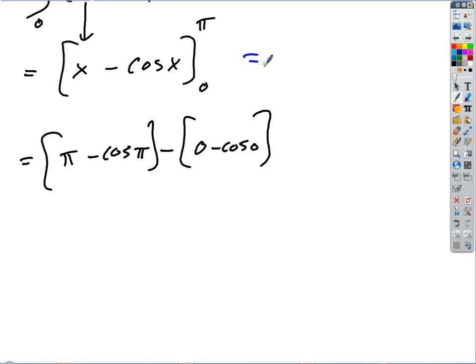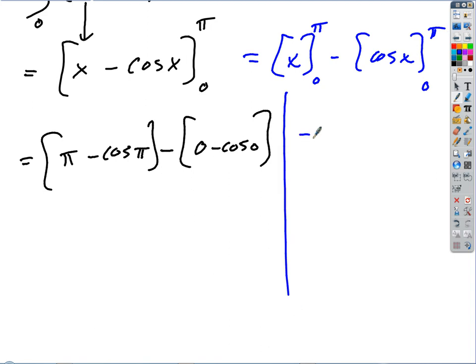Or, if I want to, I can split this up into two separate terms. I can think of this as being x evaluated on the interval from 0 to pi, minus cosine x on that interval. It doesn't matter, it just depends how you shuffle up the terms, right?